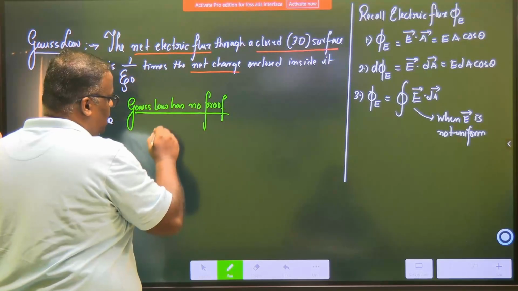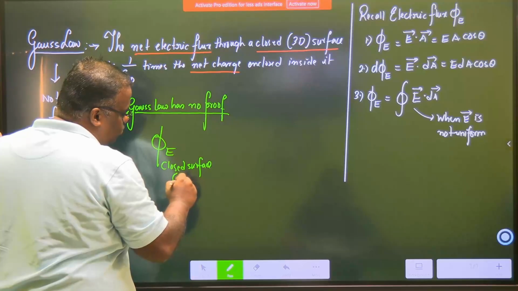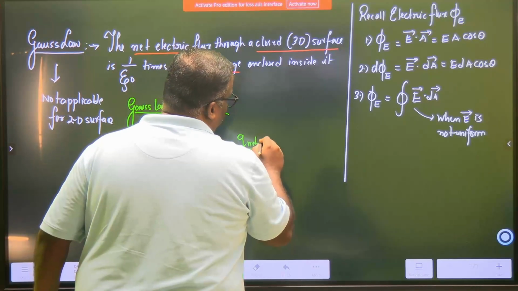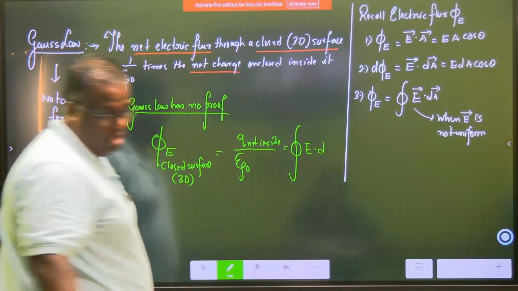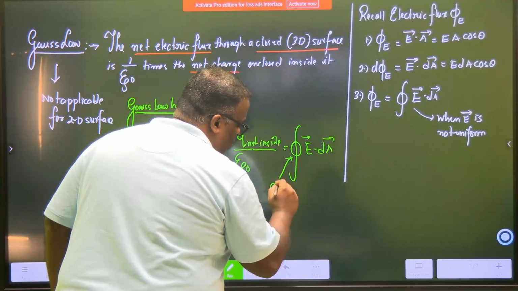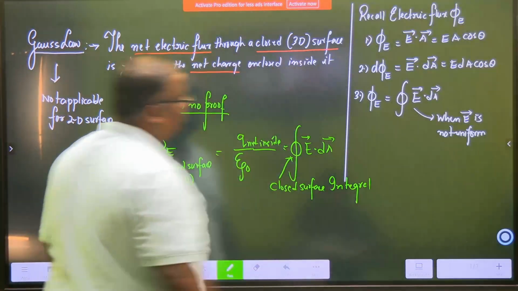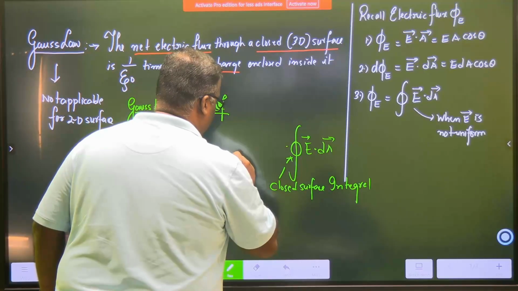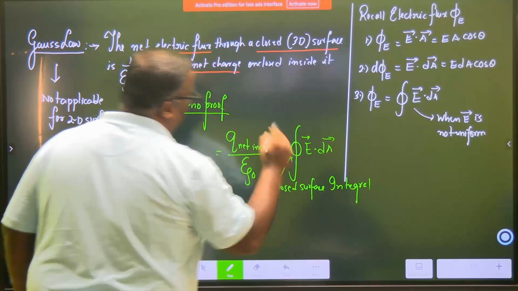So based on this statement, we say the net flux of a closed surface, a 3D surface, is given by Q net inside divided by epsilon naught, and this is also given as integral E dot dA, or in some books you will find it written as ds, whatever it is, E dot dA, and this is known as the closed surface integral. Note down these things. Q net inside.